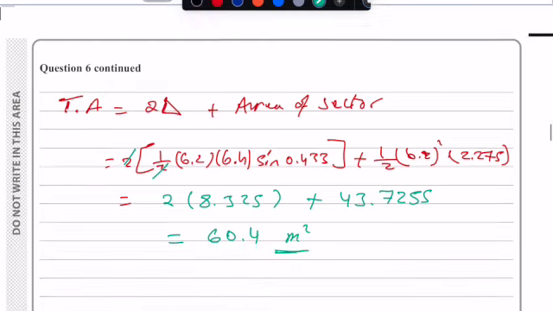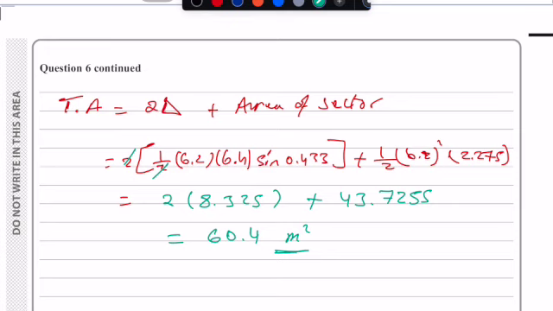It's very clear that we can do the area of one triangle and then multiply it by 2 or cancel the 2 at the beginning. It's totally up to you. Then add the area of sector, which is half 6.2 squared times 2.275. So guys, you can do them separately or you can do them as one single step. You are going to gain the same mark.